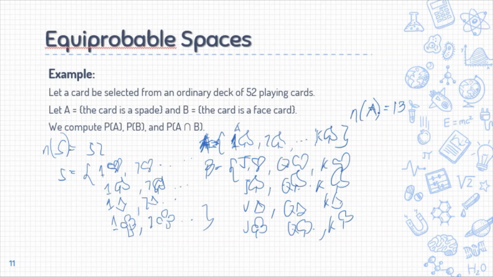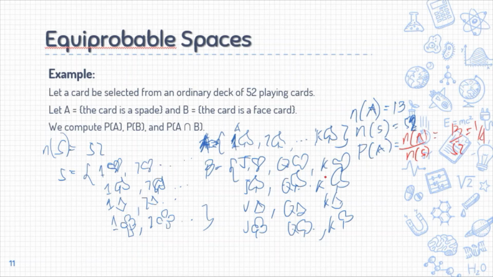Our N of S is pila? 52. So to find the probability of A, kung gamiton nato itong formula, is equivalent to N of A over N of S, which is 13 over 52. So that is our probability of A, which is equivalent to 1/4.